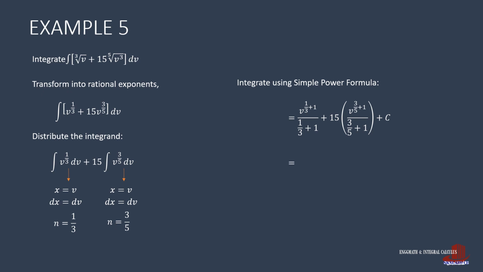Then add c. Simplify it to have v raised to 4/3 over 4/3 plus 15 times v raised to 8/5 over 8/5 plus c. Write your final answer as 3/4 of v raised to 4/3 plus 75/8 of v raised to 8/5 plus c.